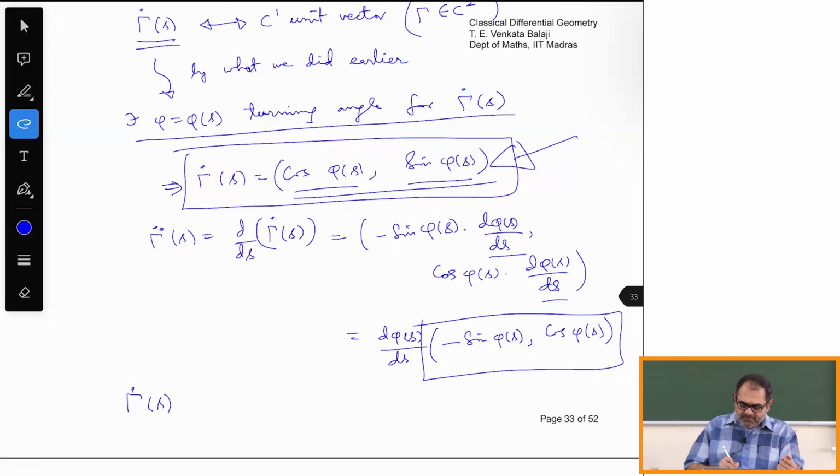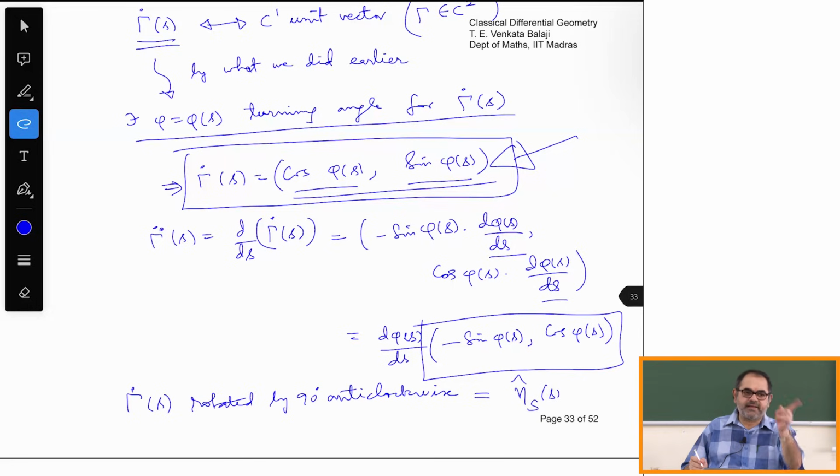So this gamma dot s rotated by 90 degrees anticlockwise in the positive sense is going to be ns. So let me put n capital S of s. I'm putting a cap just to tell you that it is a unit vector, and that is exactly this.